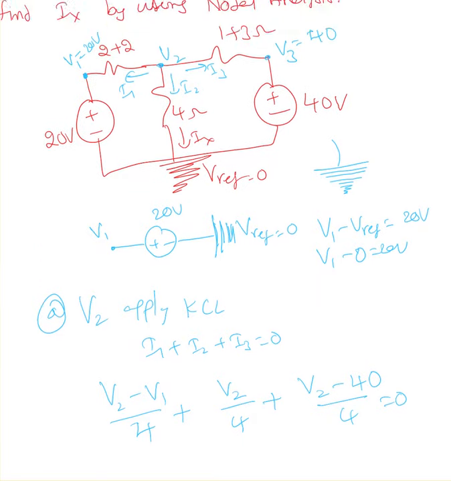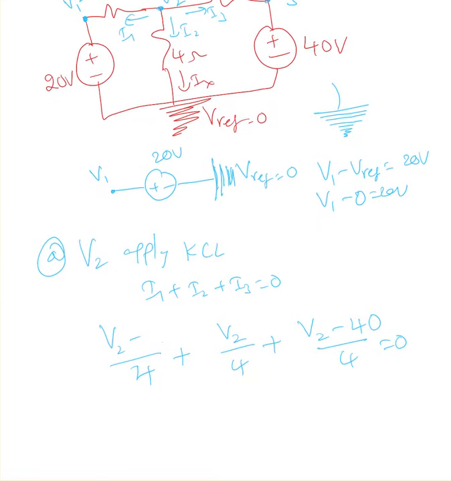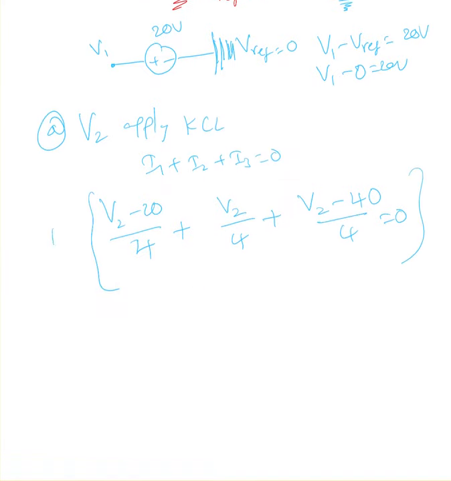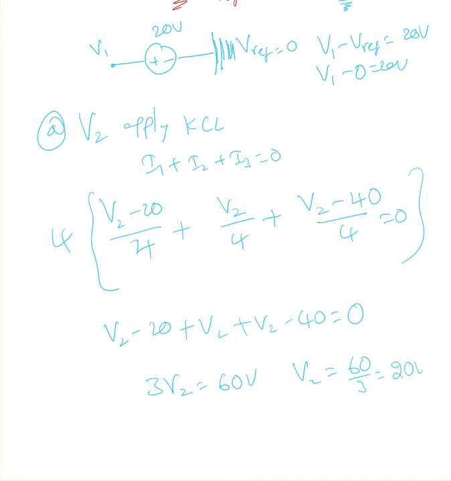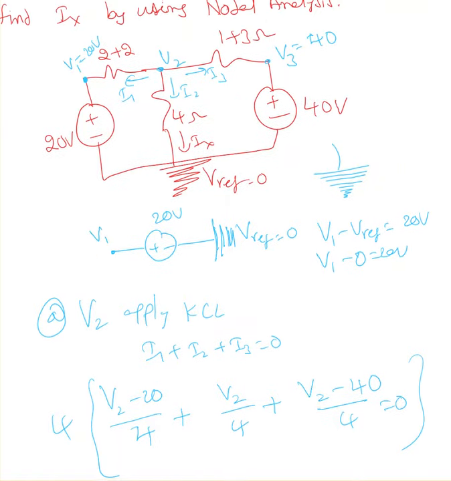Here I already know V1 equal to 20, so I'm going to substitute it to minimize calculations. If I multiply this with 4, V2 minus 20 plus V2 plus V2 minus 40 equal to 0. So 3V2 equal to 60 volt, V2 equal to 60 over 3, that is 20 volt. So V2 equal to 20 volts.